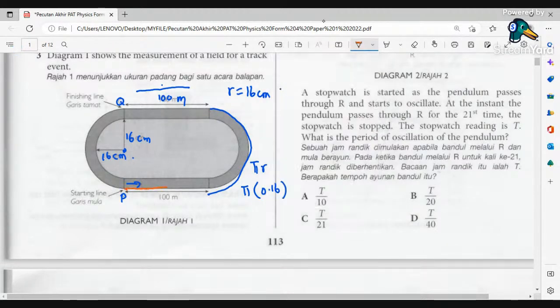Ini dia punya length dia, the length of path travelled. So what is distance? You need to add all: 100 plus 100 plus 0.16 pi. So 0.16 pi we can calculate.